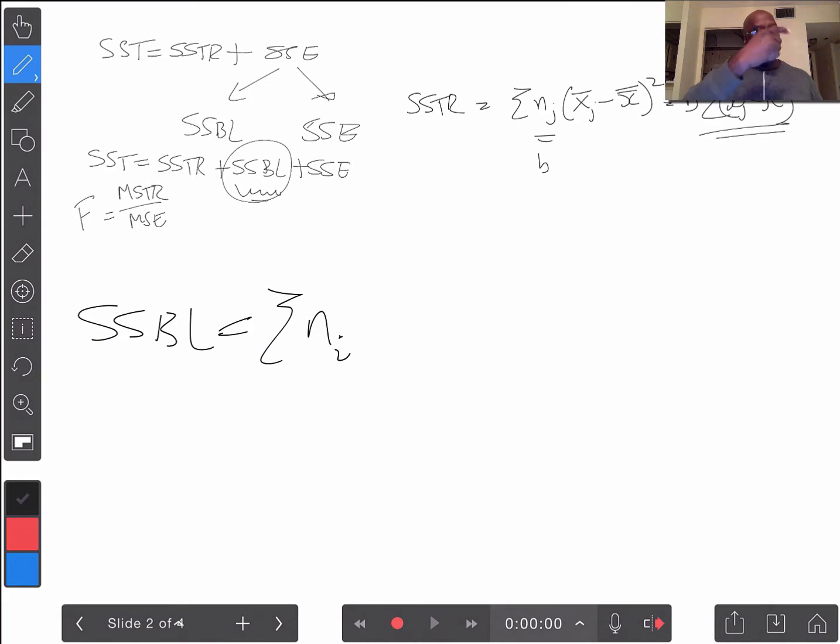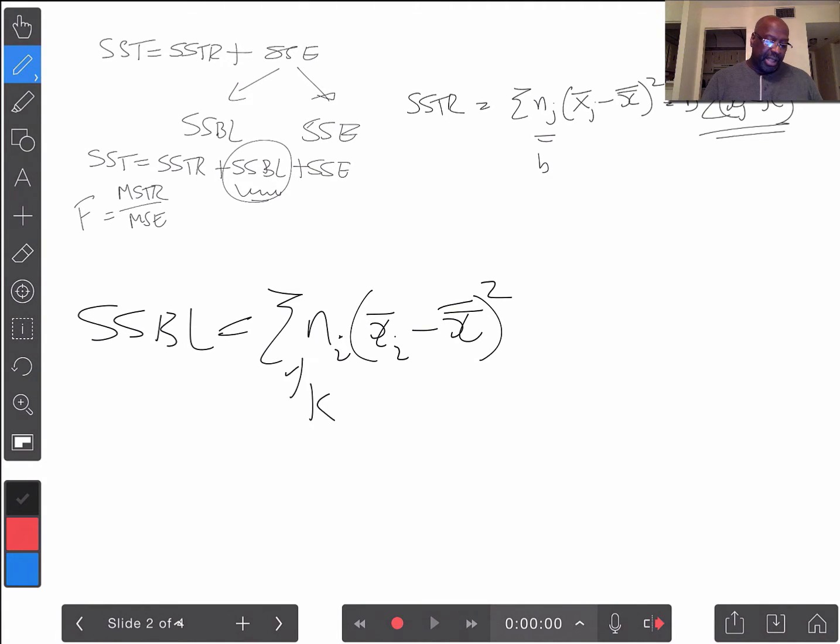Why I? Because now I'm looking at the variation among the rows, not the columns like we did for treatments. And so it would be X bar I, which is the mean for that row, minus the grand mean, squared. But because each row has the same number of treatments, in other words, each car gets the same number of treatments, and if there were 4 types of gasoline, each car would get the 4 different types of gasoline. That's a constant. We refer to that as K, of course, which is the number of treatments.